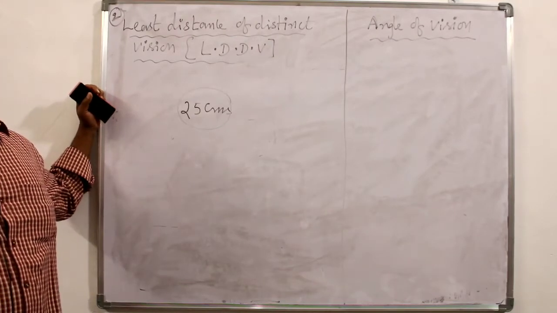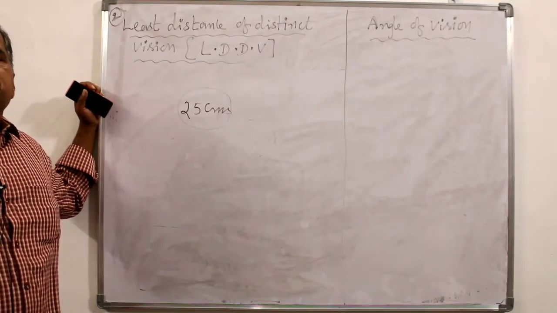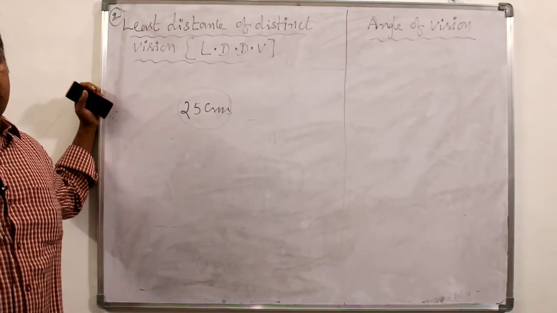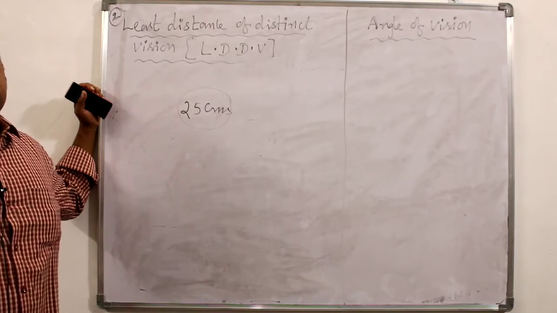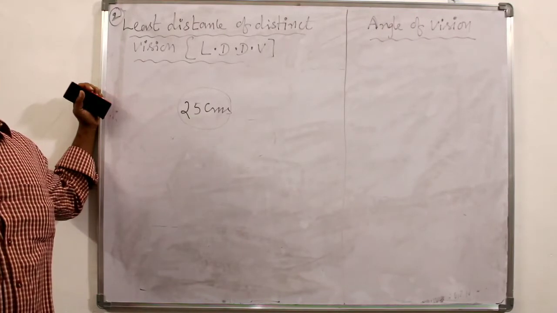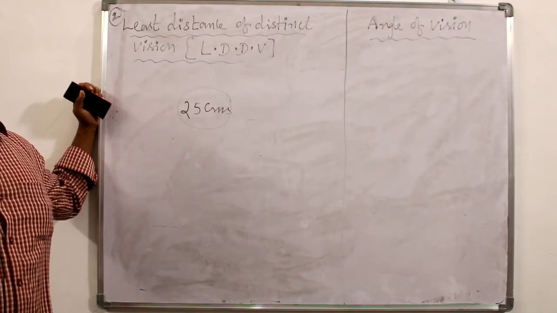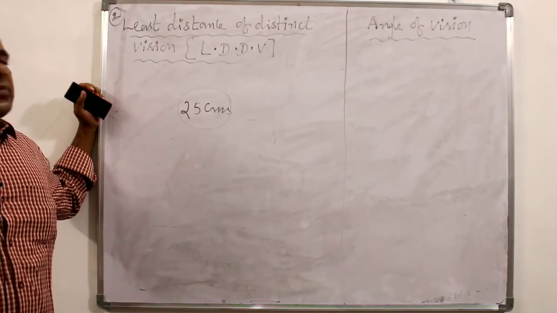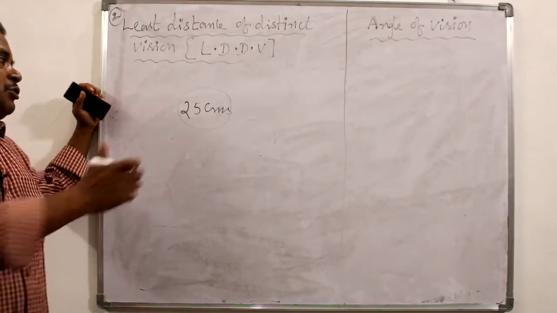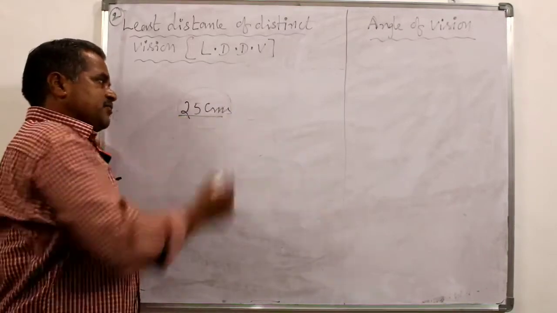Just now we said that the least distance of distinct vision for kids or younger persons is nearly 10 to 15 centimeters, because the nerves located around their eyes are very flexible and strong, so the value decreases for those persons.